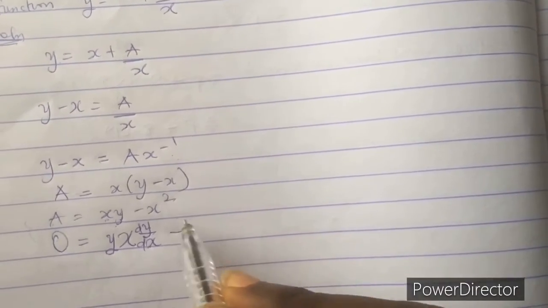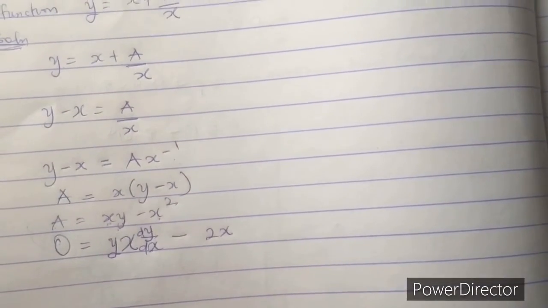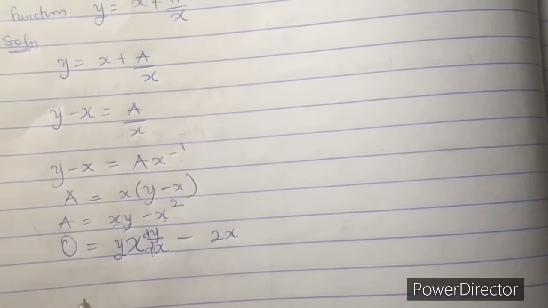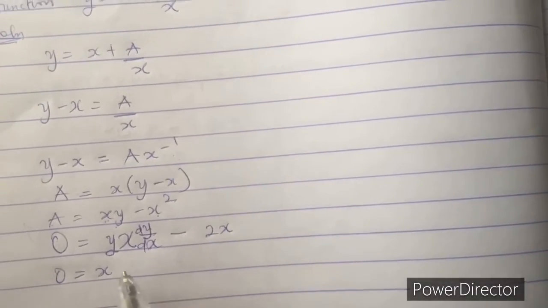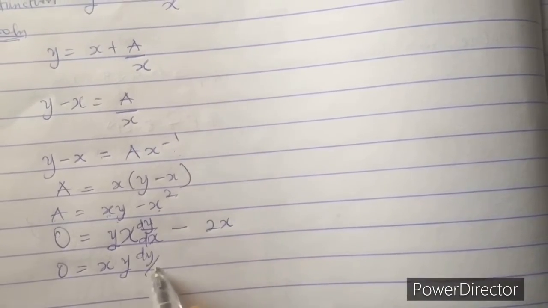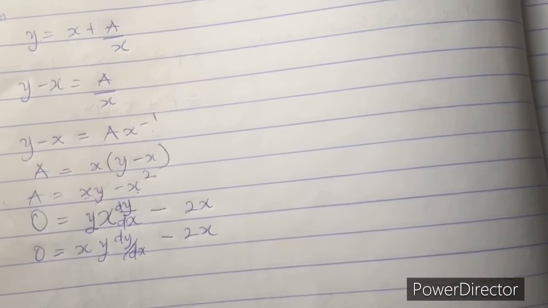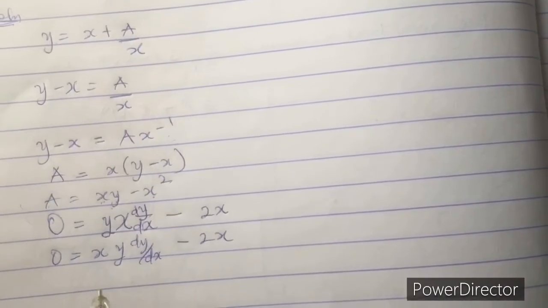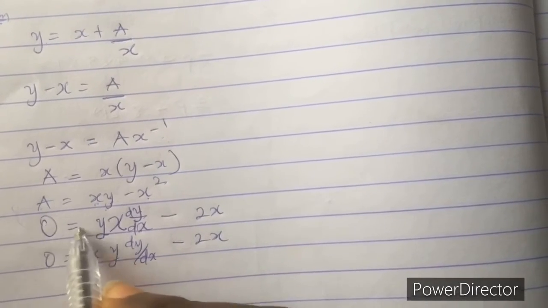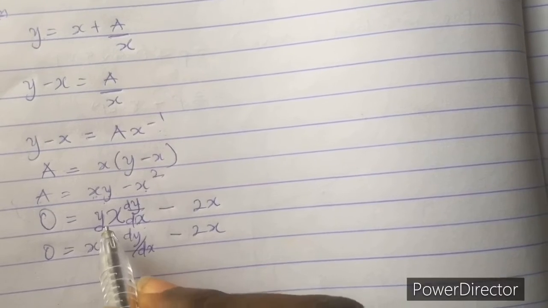Now minus, when you differentiate x squared, that will be 2x. Let me rewrite that: 0 equals y, plus x dy/dx, minus 2x. Sorry, I forgot the sign in the middle.